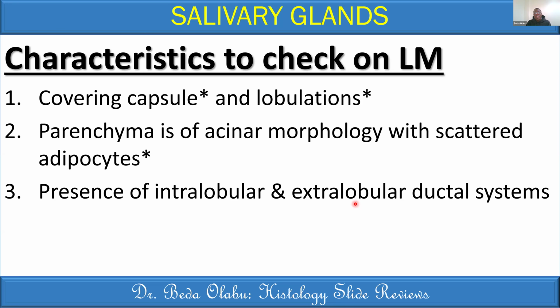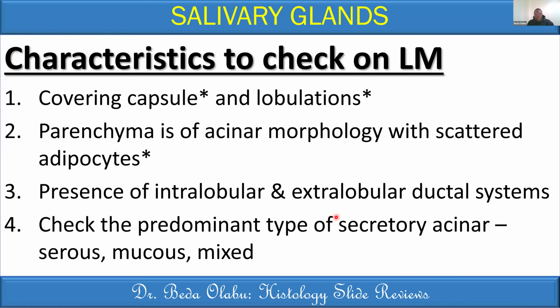So extralobular ducts will tend to have even stratified columnar epithelium on its wall, or they could be very tall simple columnar epithelium. The intralobular ducts, on the other hand, will tend to be simple columnar, sometimes simple cuboidal as well, because they're smaller. Take note that the intralobular ducts have narrower lumen and they're within the lobules, while extralobular ducts are much larger and they're outside the lobules.